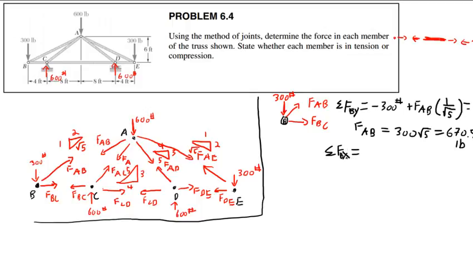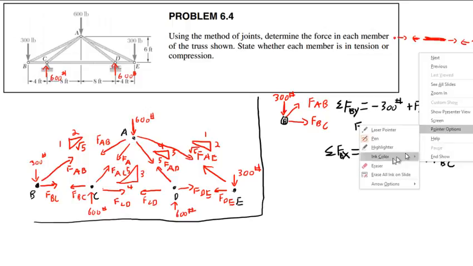Sum of forces about joint B in the x direction is going to be equal to FAB times, let's see, 4 over root 5 plus FBC. Huh? I don't see them. Where the four? Isn't it 2 over root 5? Oh, sorry, 2 over root 5.